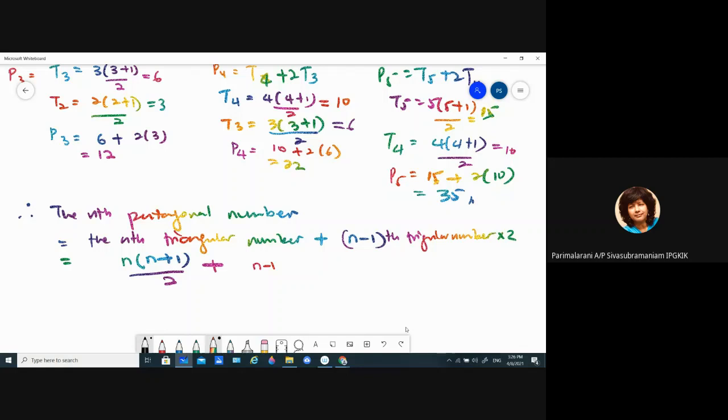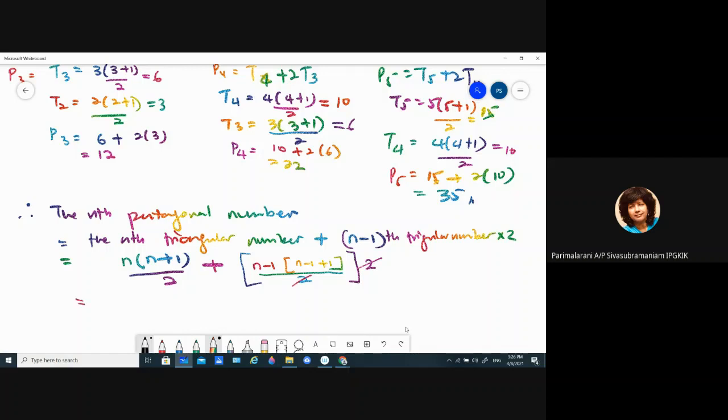We're substituting n minus 1 into here, okay? This whole thing we want to times by 2, correct? Yes? So this 2, we cancel it off.